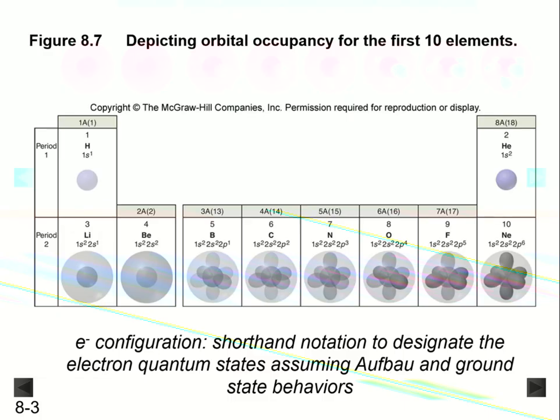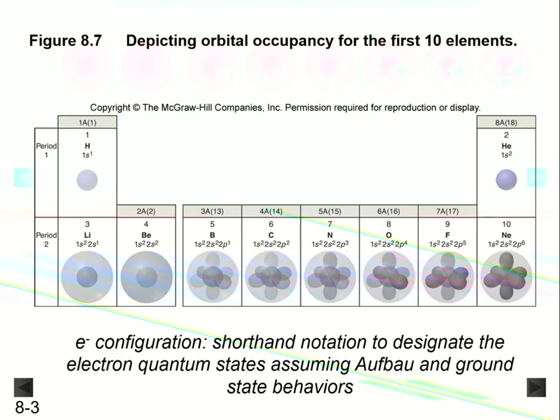So atomic number 5, boron, has an electron configuration 1s2, 2s2, 2p1. When we get to carbon, it's 1s2, 2s2, 2p2. When we get to nitrogen, we have 1s2, 2s2, 2p3.